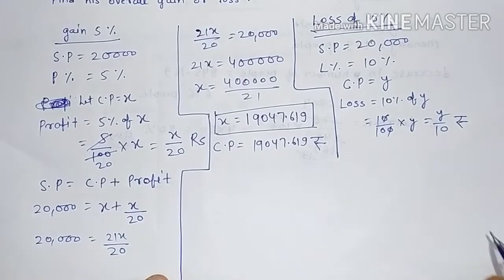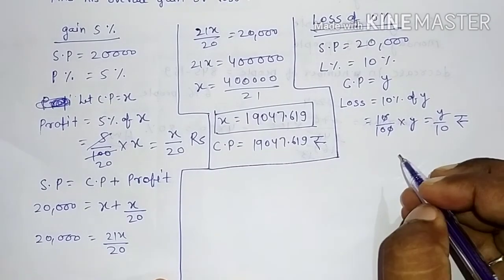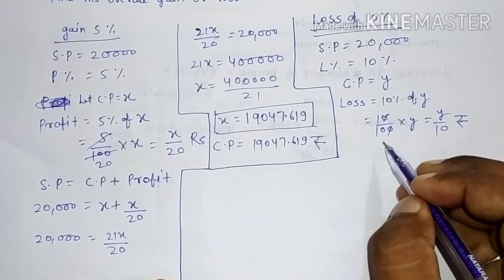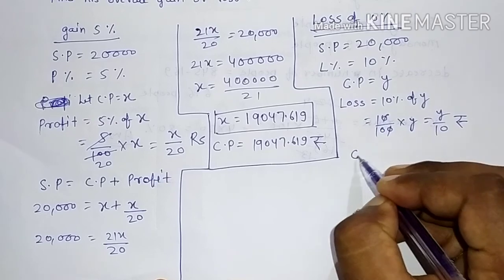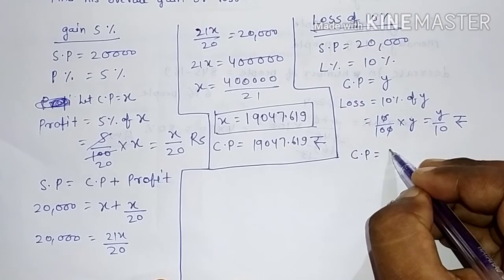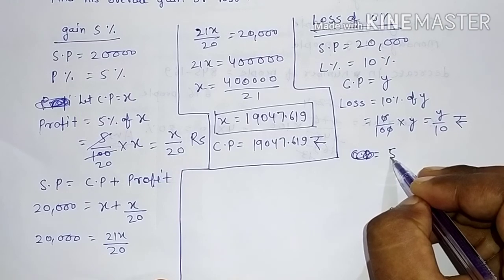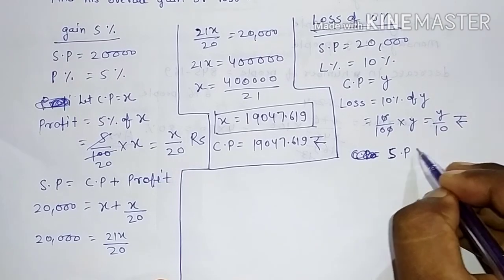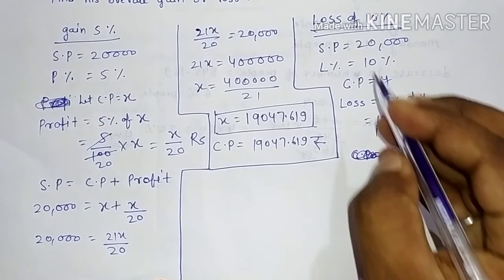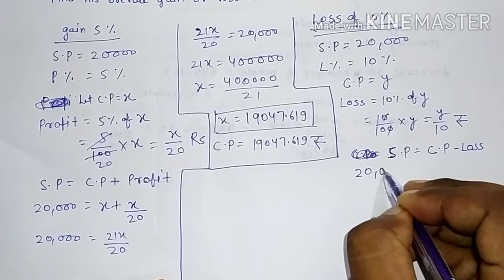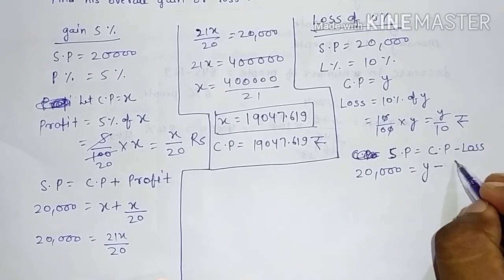Now this is the loss. So again, we know the formula, that is SP equals CP minus loss. So SP is given 20,000. So just put the value here. 20,000 equals CP, which is Y here, minus loss, which is Y upon 10.